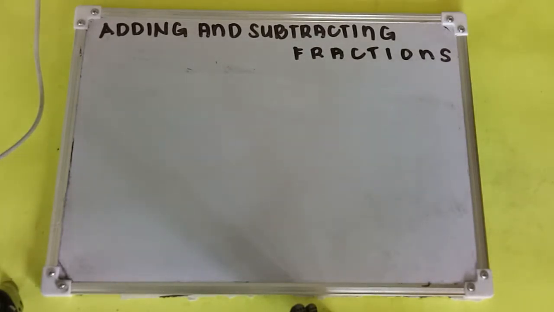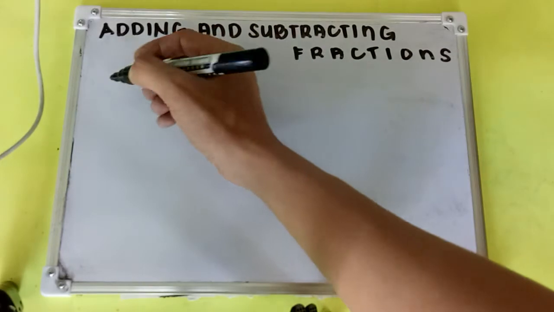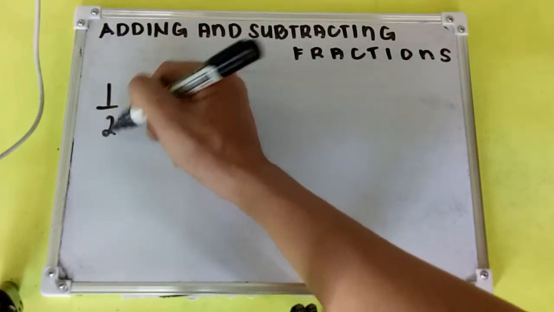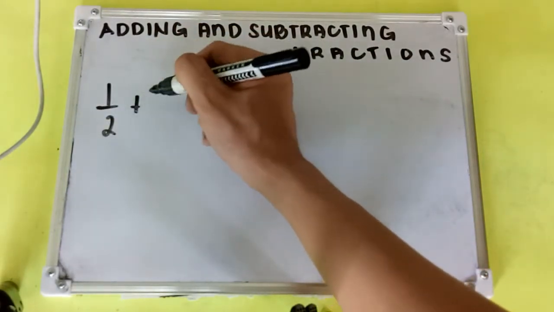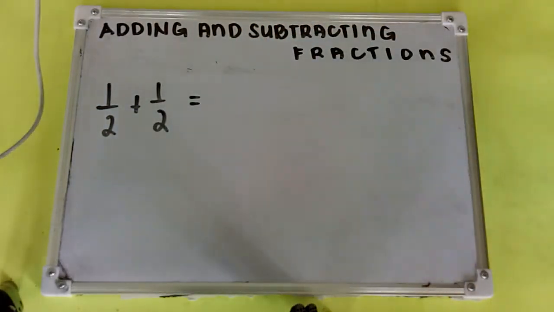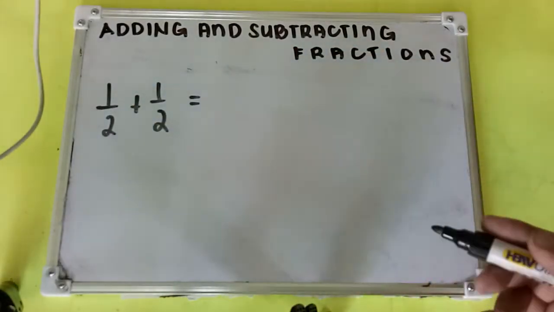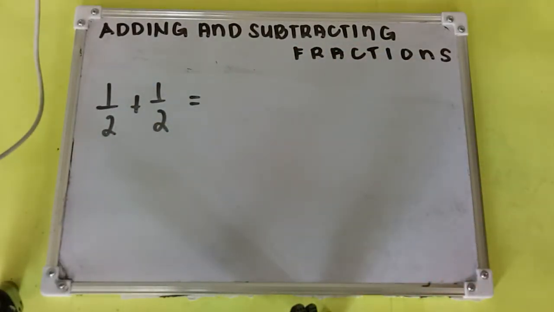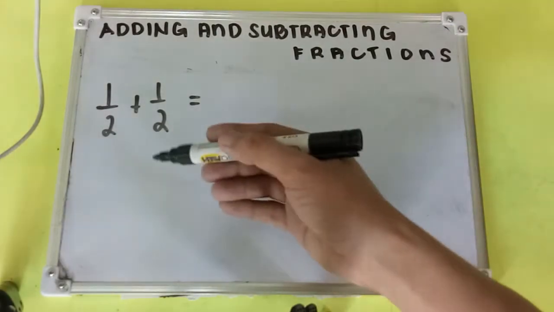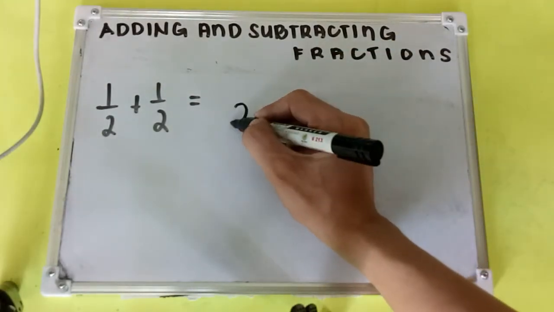So let's have an example of similar fractions. 1/2 plus 1/2 is equal to, so kung mapapansin nyo, they are similar fractions kasi they have the same denominator, which is 2. Kapag similar fractions, ang ginagawa lang natin is kinokopya lang yung denominator.